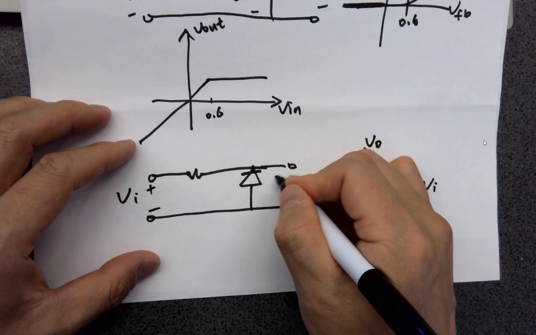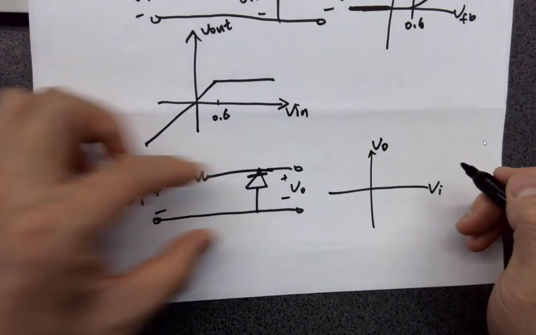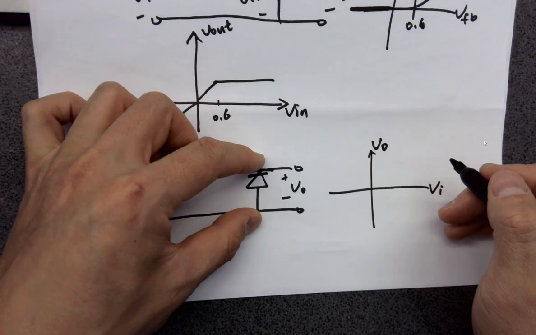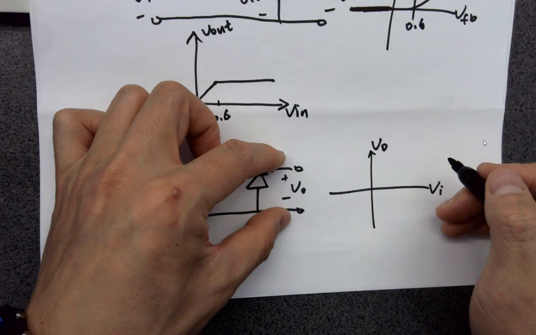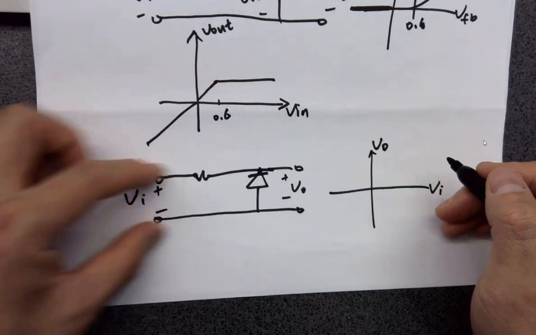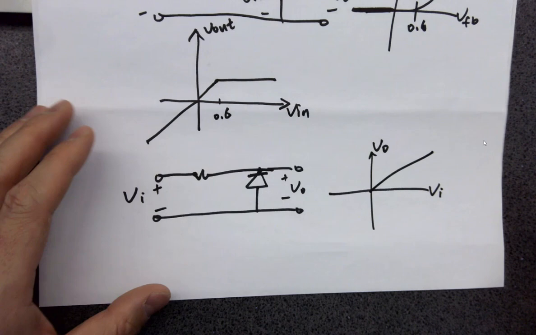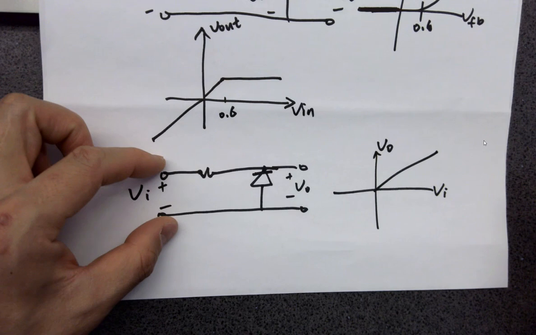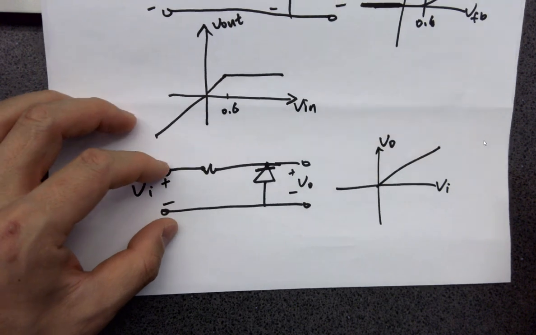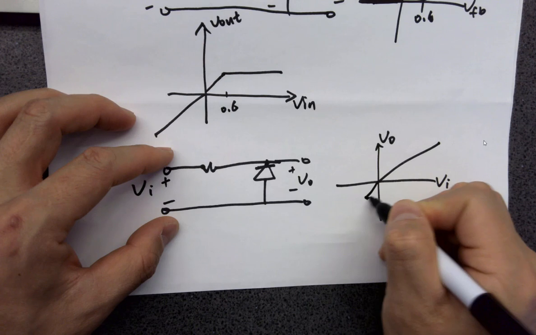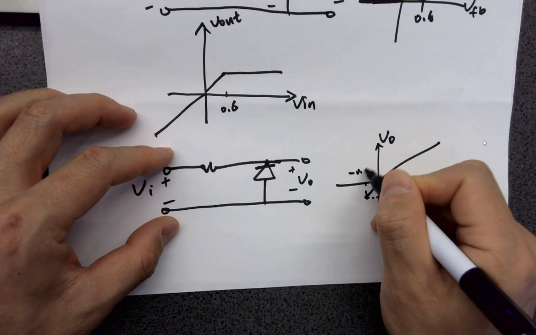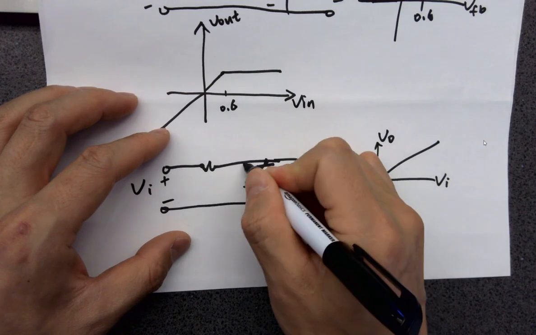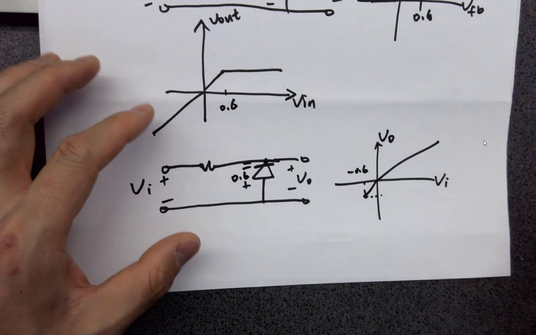When V in is positive, the diode is getting reverse biased, so there's no current, as long as you don't damage it. So V out is going to duplicate V in because there's no current. And whenever this voltage reaches negative 0.6 volts, this one becomes forward biased and it's dropping a constant 0.6 volts.